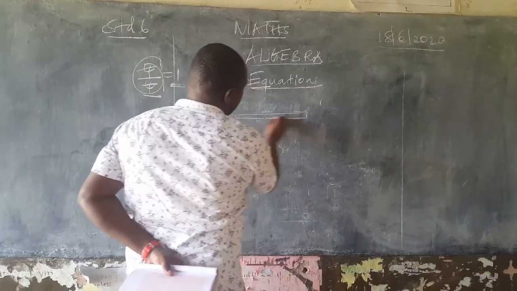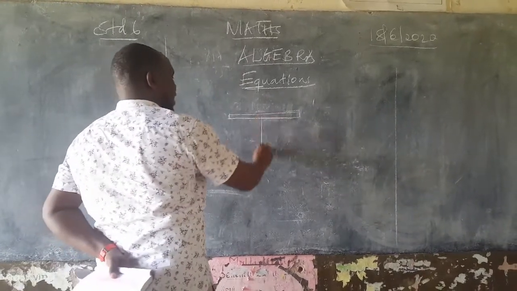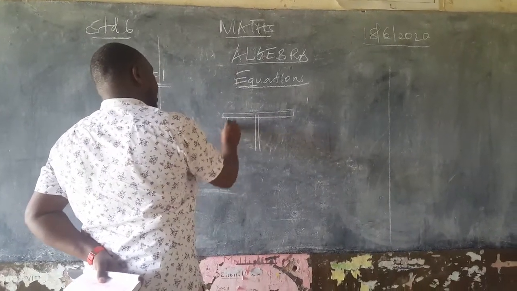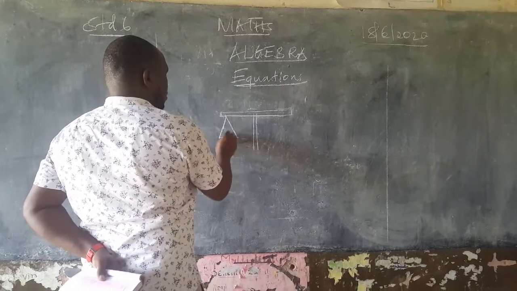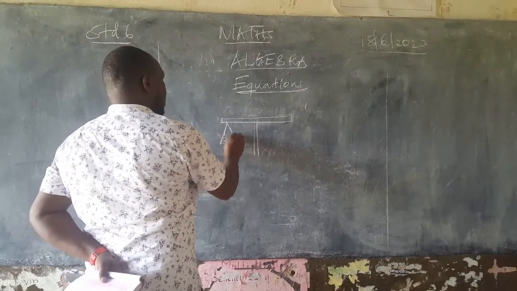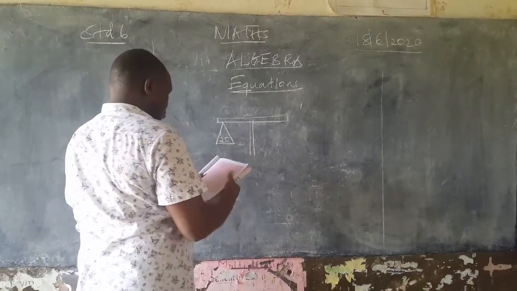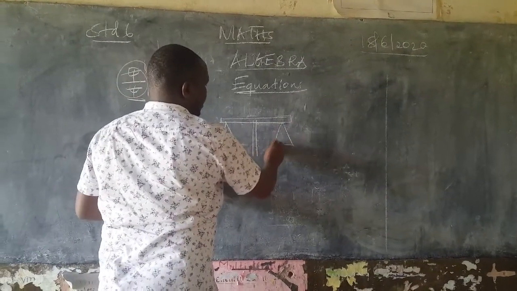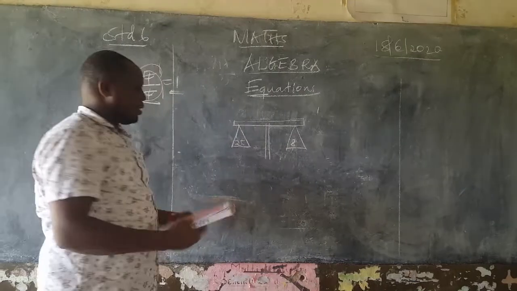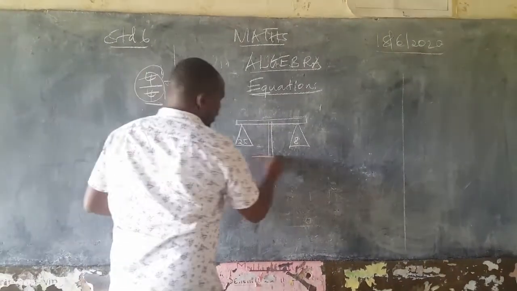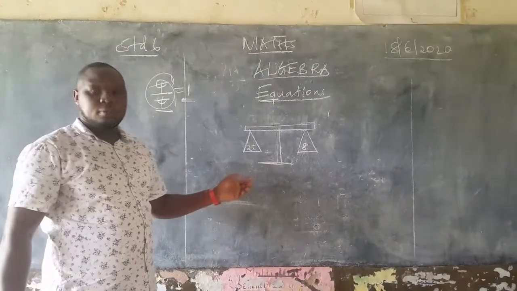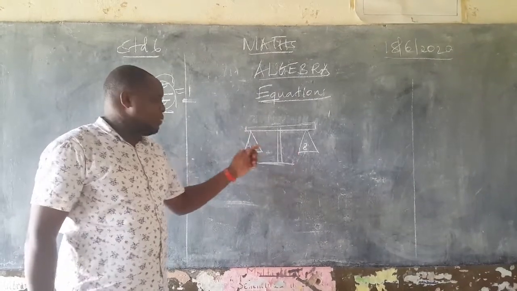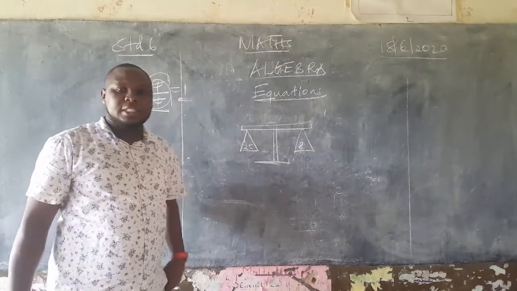If you have a beam balance, just like that, and here you have 2t, and then this is 8. Meaning that if they are really balanced, that means this side is equal to the other side.